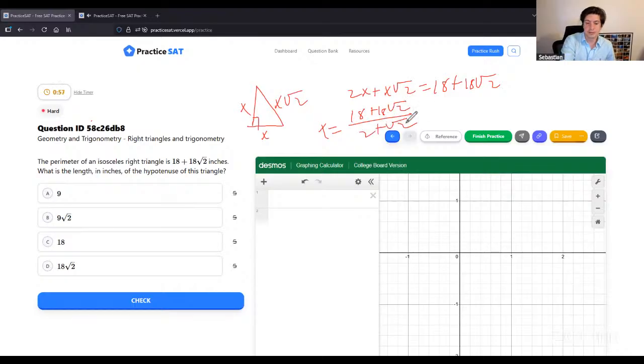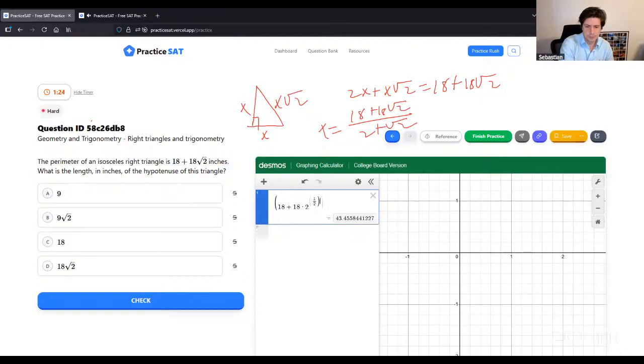And I could explain to you how it works algebraically, but let's plug it in and you'll see that it should be like 9 root 2 or something. So we're going to have parentheses 18 plus 18 times 2 to the 1/2.